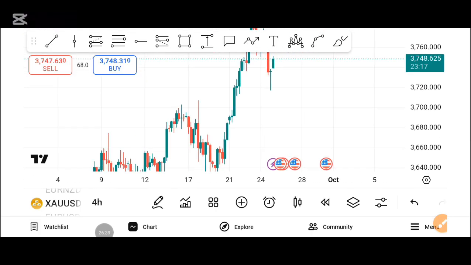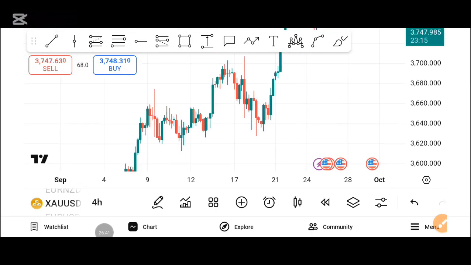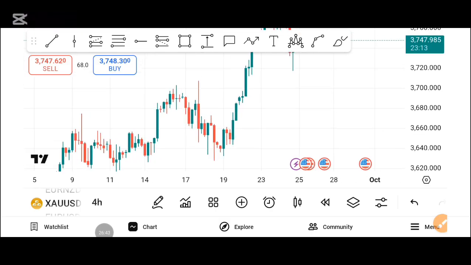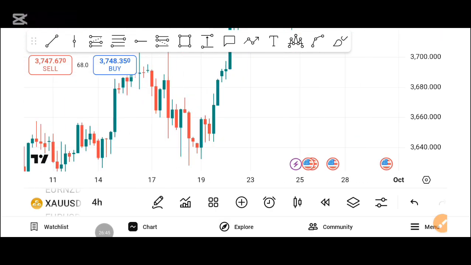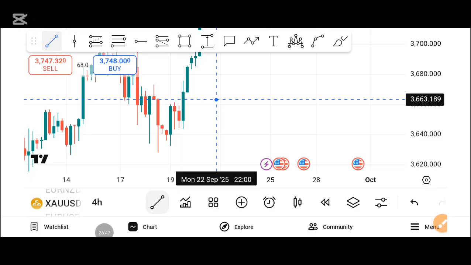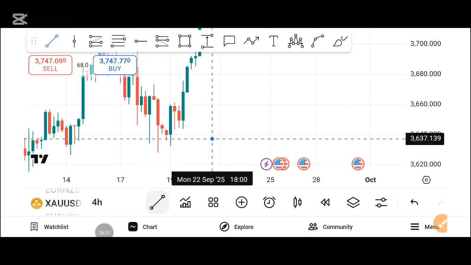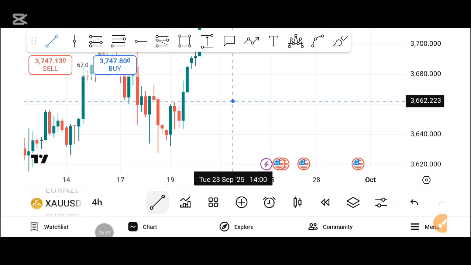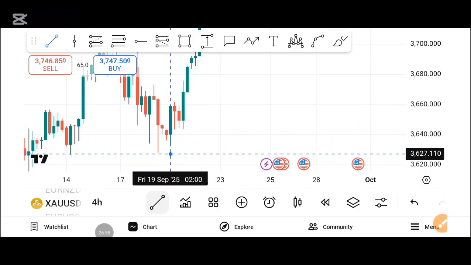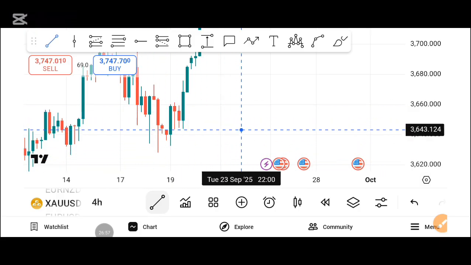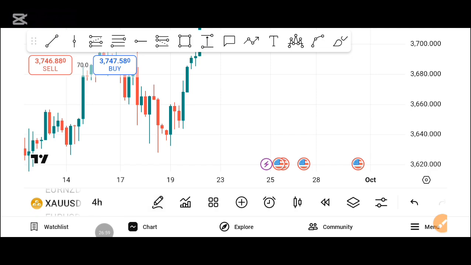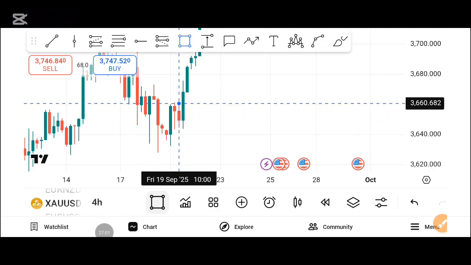So I want to show you something. It takes 4 hours for each of these candles to be formed. That means if we go to our lower time frame, at 15 minutes, we will have a series of candles. So let's do an example.